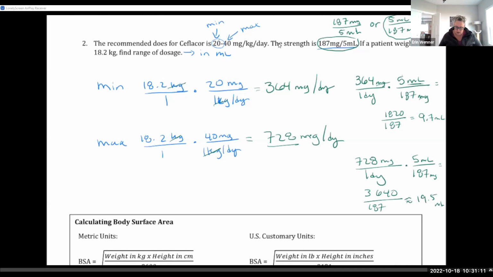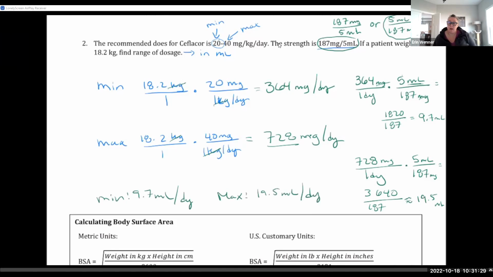So our range of dosage: the minimum dose is going to be 9.7 milliliters per day, and the max dose is going to be 19.5 milliliters per day.